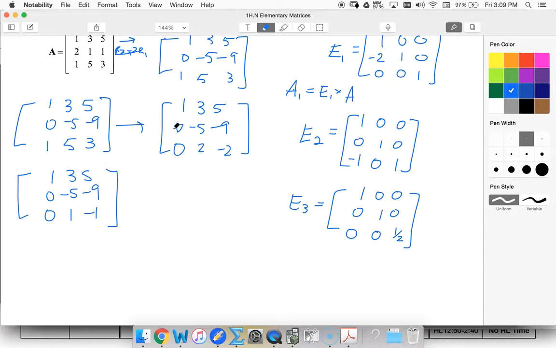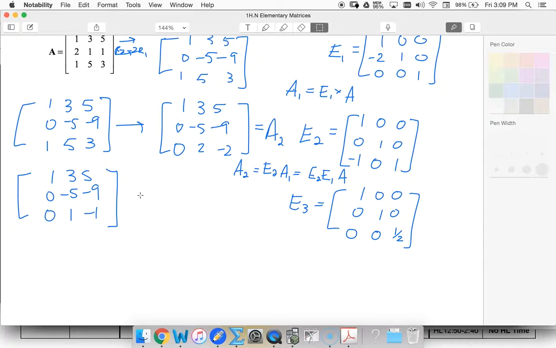So coming back to this matrix, I could say it is A2, and A2 is the same as E2 multiplied by A1. That, of course, would be the same as E2 multiplied by E1 multiplied by A. So I'm just continuing to pre-multiply by all of these elementary matrices.